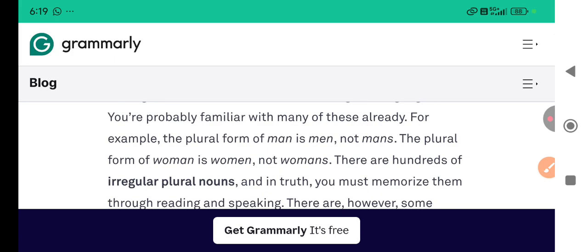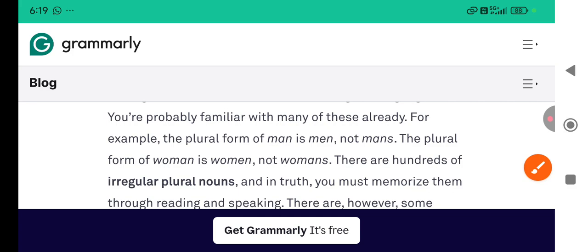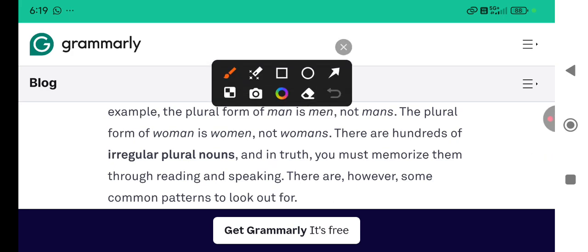For example, the plural form of man is men, not men's. The plural form of woman is women, where the sound is also changed, not women's.